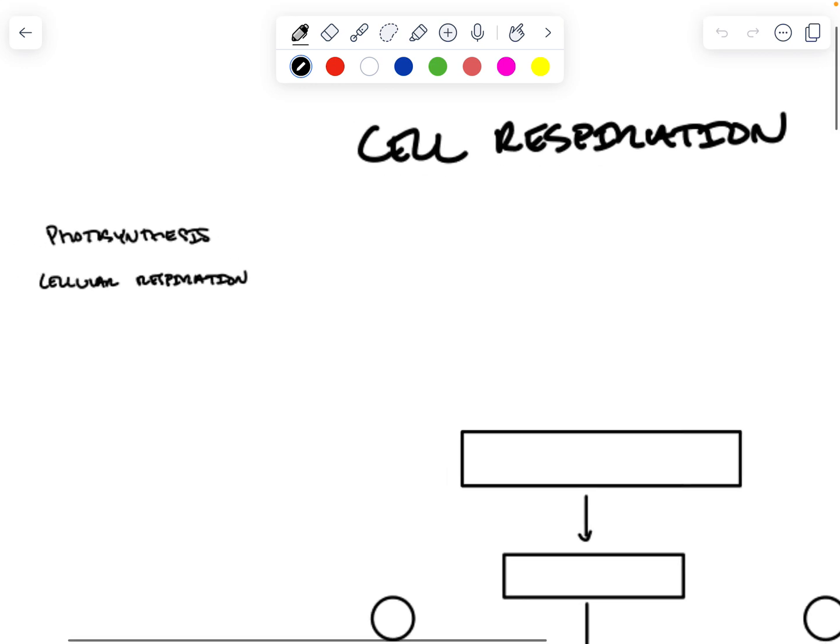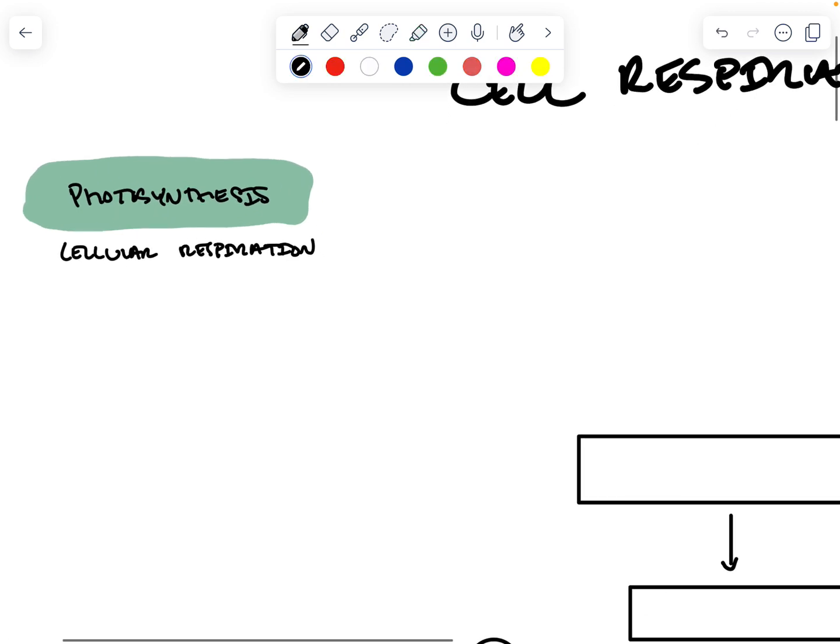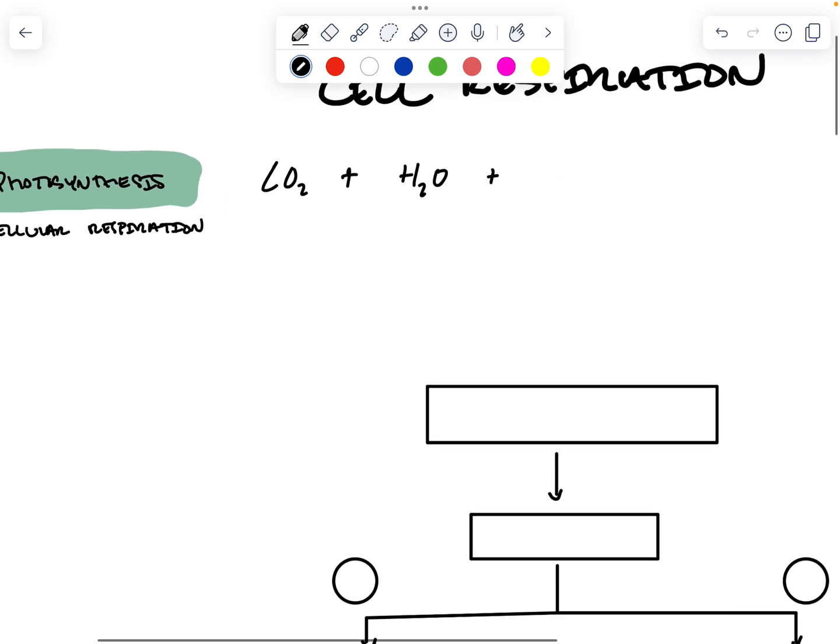So, quick review of photosynthesis. As you all know, photosynthesis has three necessary ingredients. You need CO2, that you're going to get from the air, H2O, that's going to come into the plant from the soil, and then you need energy in the form of light.